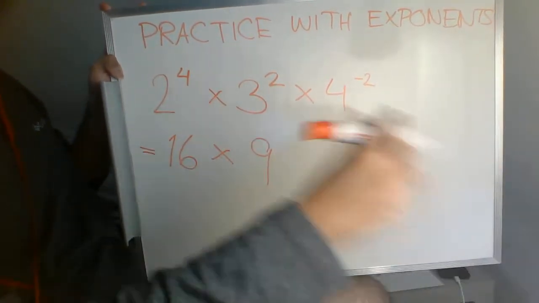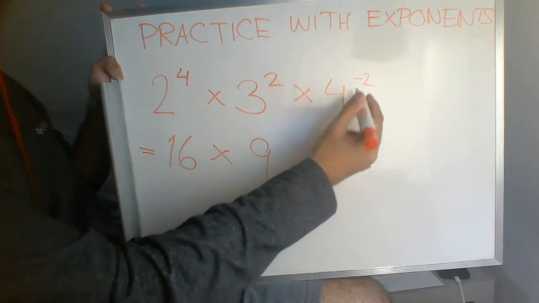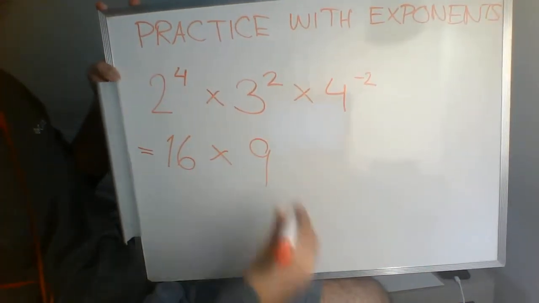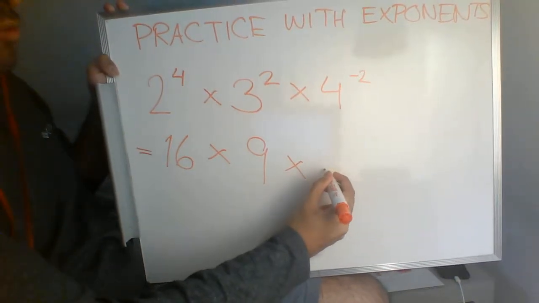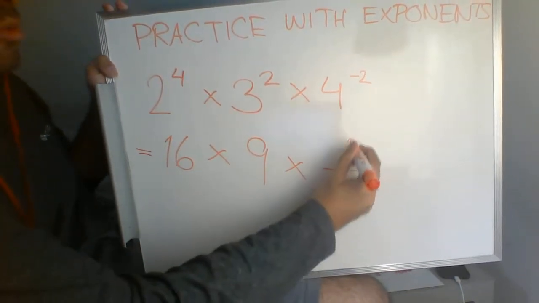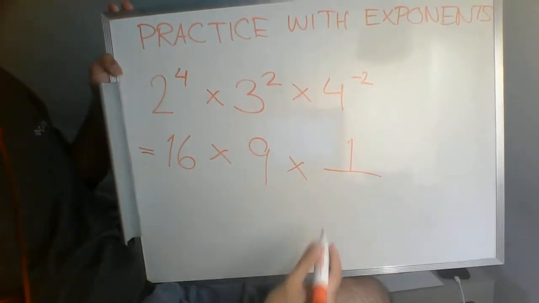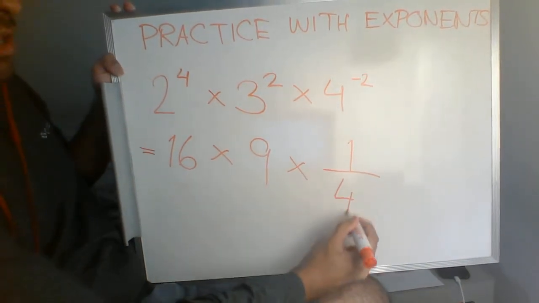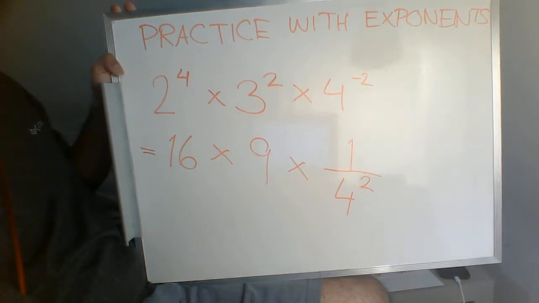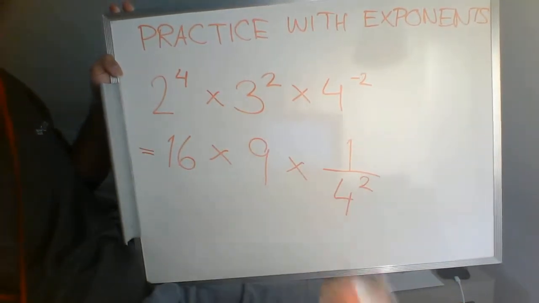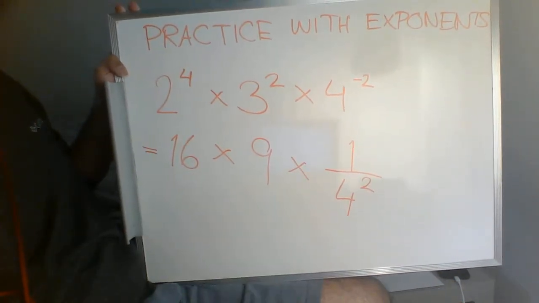And then over here we have 4 to the exponent -2. If you remember the thing that we just covered, that means I can rewrite that as a fraction with a numerator of 1, and then my denominator will be whatever I started with, except I'm going to get rid of the minus sign, so I'm going to change my exponent from -2 to +2.